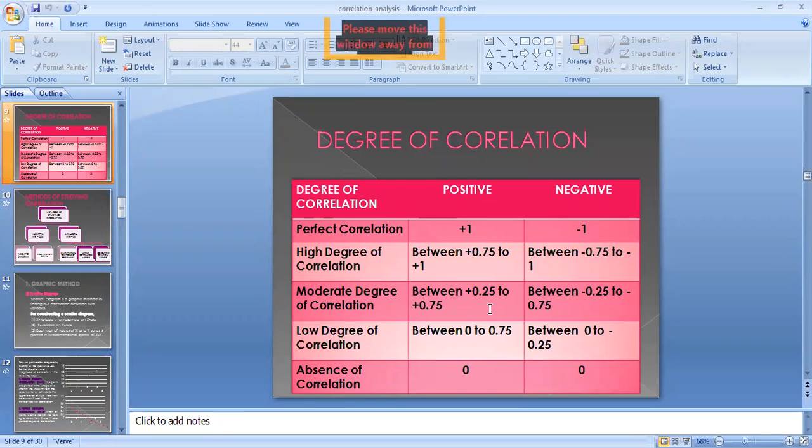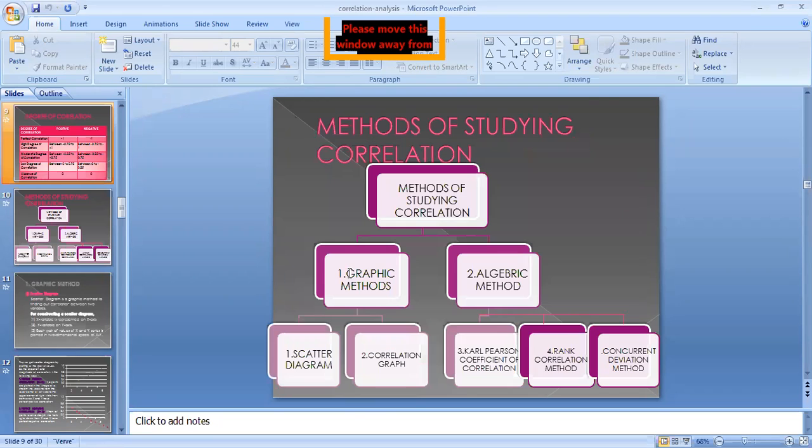Actually you have to comment on every problem in our next lecture: if the R value is this, then we have to write down what type of correlation it is.